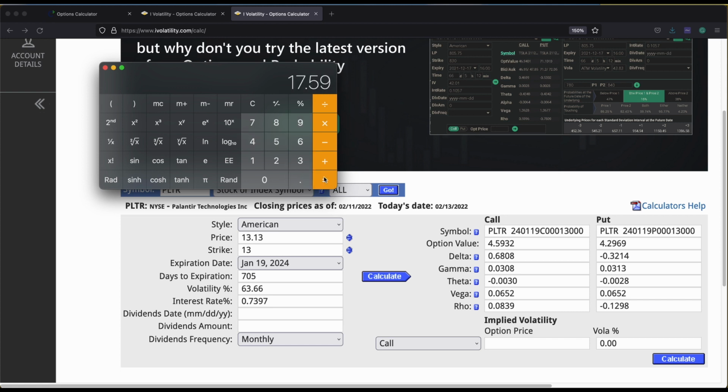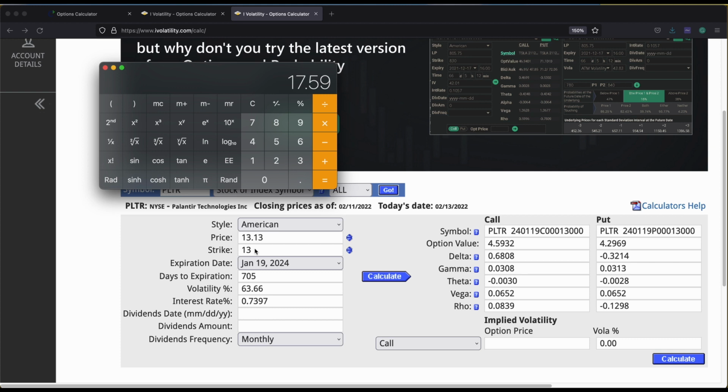That means if Palantir is below $17.59 on January 19, 2024, you will lose money. So you're risking $4.6 per share. If you are below $13, you will lose all of your money.